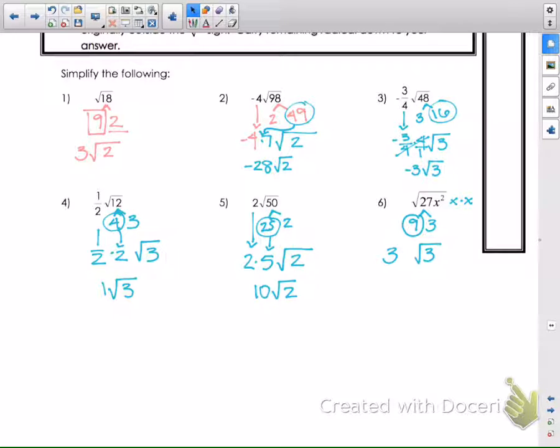So if 16 is 4 times 4, the square root of 16 is just one of those. 1 4, right? So if x squared is x times x, what's the square root of x squared? X by itself, and where does that go? Outside. Are there any x's to stay inside? No. We'll practice with the x's a whole lot more. I want to get comfortable with the numbers first.